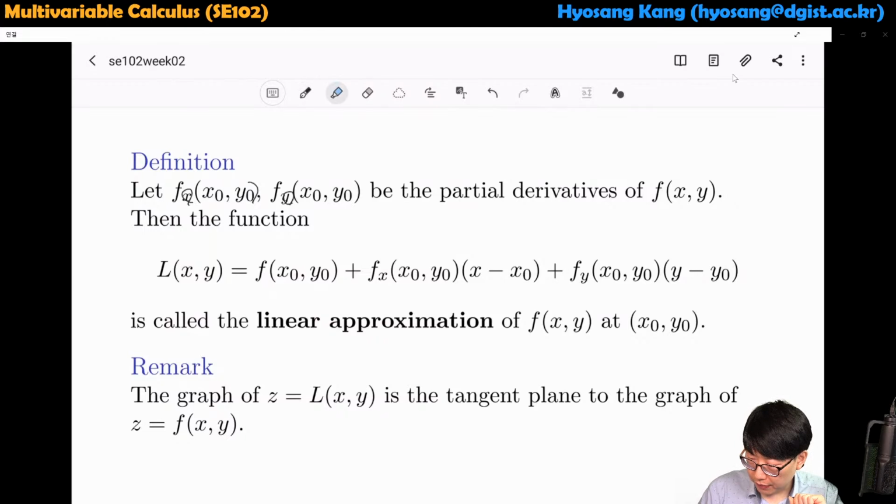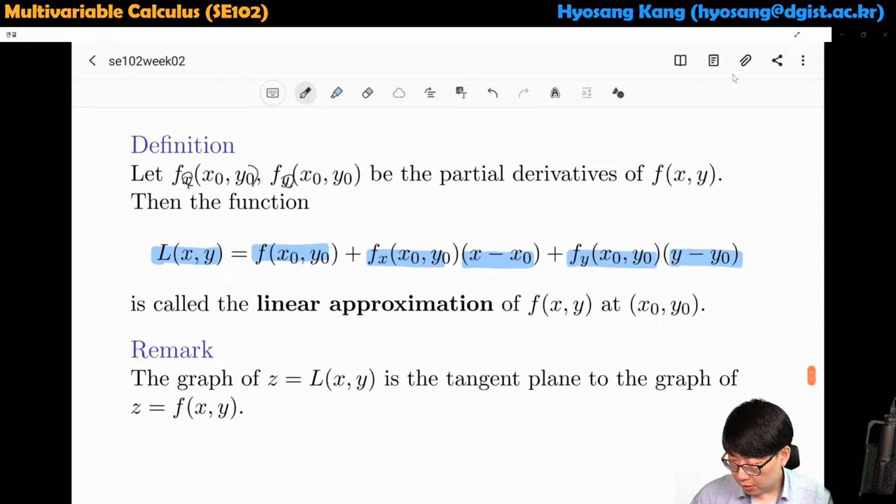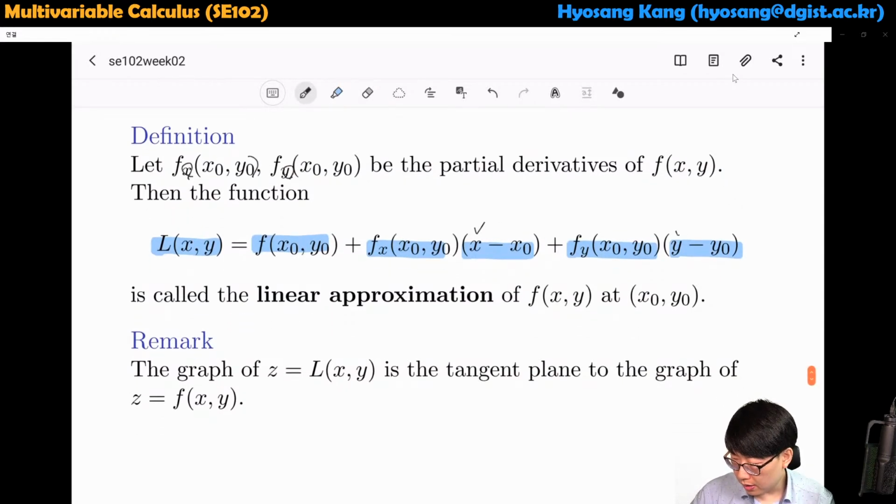And then I'm going to define a new two variable function, L, defined in this way. We have three fixed scalars: f, fx and fy at the same point x0, y0. And we multiply x minus x0 and y minus y0 to fx and fy. So this is a linear function because the only independent variables appearing in this formula are x and y, and the degree of x and y is 1.